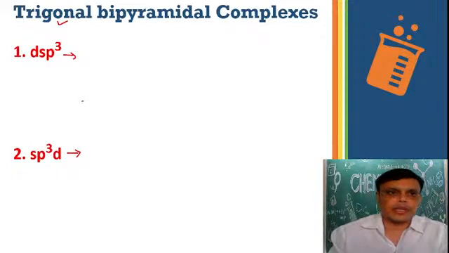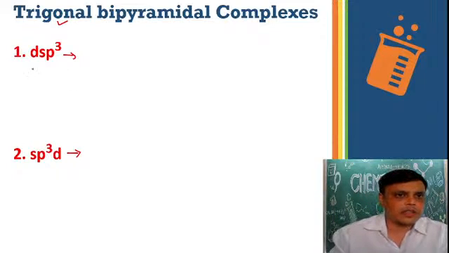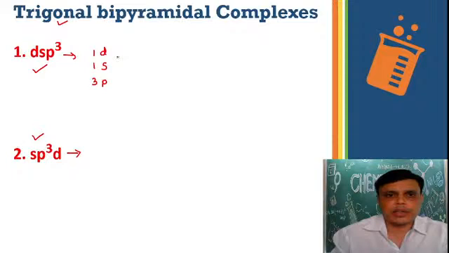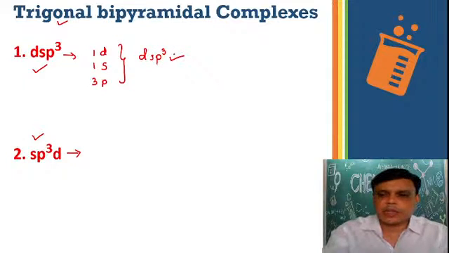Trigonal bipyramidal complexes can show two types of hybridization, dsp3 and sp3d. In dsp3, one d orbital, one s orbital and 3 p orbitals are involved, and in total it gives dsp3 hybridization. So first we'll start with type number 1, that is dsp3 hybridization.